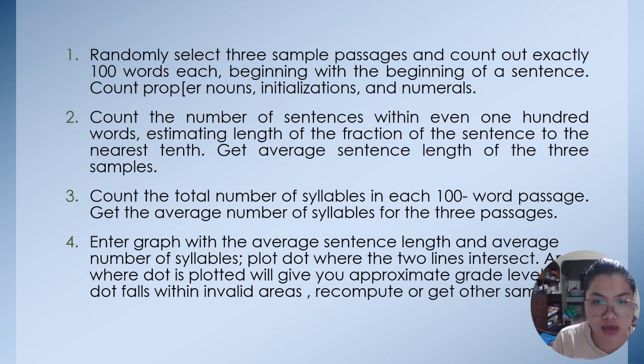Third is to count the total number of syllables in the 100-word passage. Get the average number of syllables for the 3 passages. Getting the average is just an activity, so we continue. In part 3, you do not need to decide where the syllable breaks occur in each word. Rather, you simply read the selection aloud and put a slash above each syllable you hear in the words.